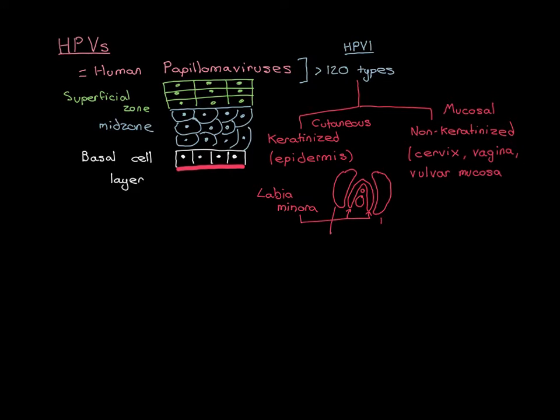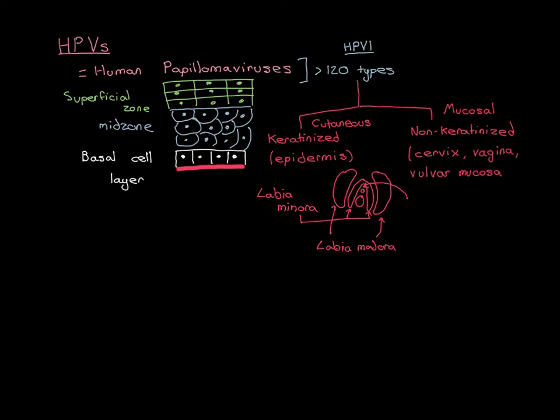And these bits here, and I'm going to have to change colour soon, I'm getting bored of red. These are the labia majora, and they are coated by skin, so they are not a mucosal squamous stratified epithelium.